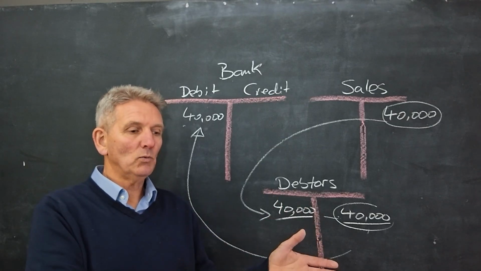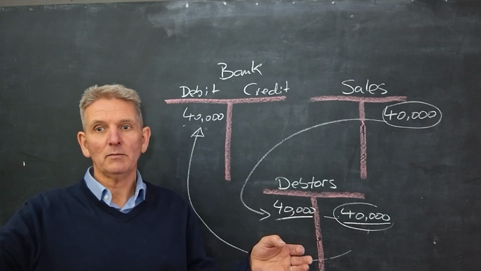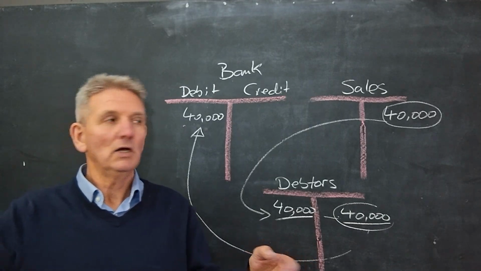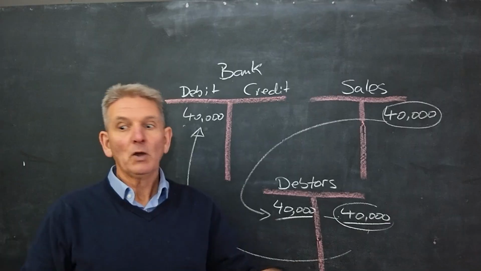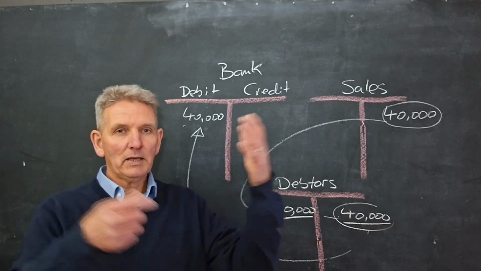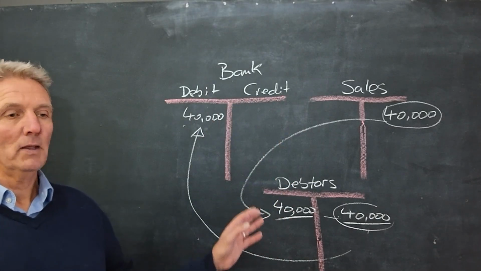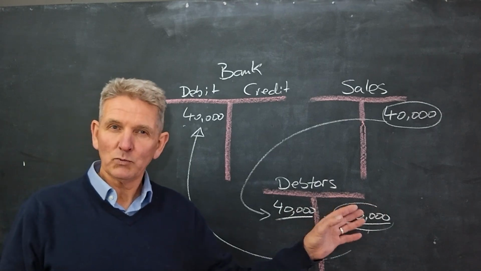So you buy stuff in one month, they'll send you a statement at the end of that month, and then at the end of the next month, you've got to pay them. You can have several different suppliers, lots of different customers, wages to pay, expenses to pay, fuel to pay. It becomes very messy very quickly. And if you don't have a very clear system, it's very hard to know exactly what's what.